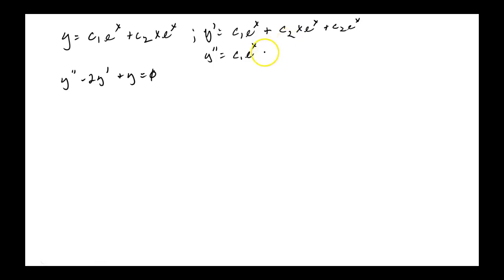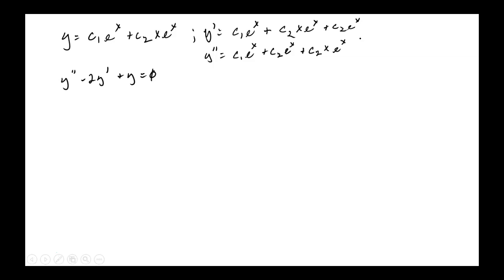I'm going to write the other one here, plus C2 e to the x, okay? Now we do the third one, which was our second. I'm putting it last now. Plus C2, product rule again, first times derivative of the second, x e to the x plus C2, derivative of the first times the second, which would be e to the x, okay?